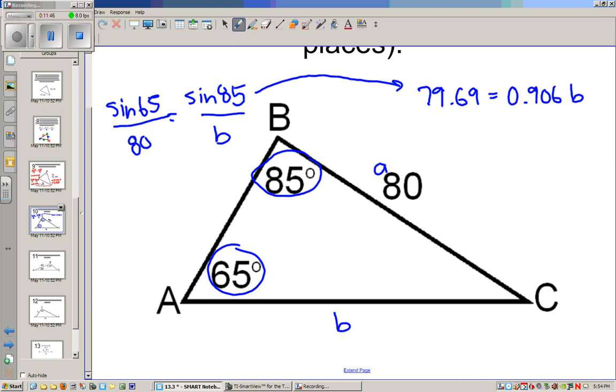So we have 79.69 equals 0.906 times b. To find side length b, we need to divide this by 0.906.